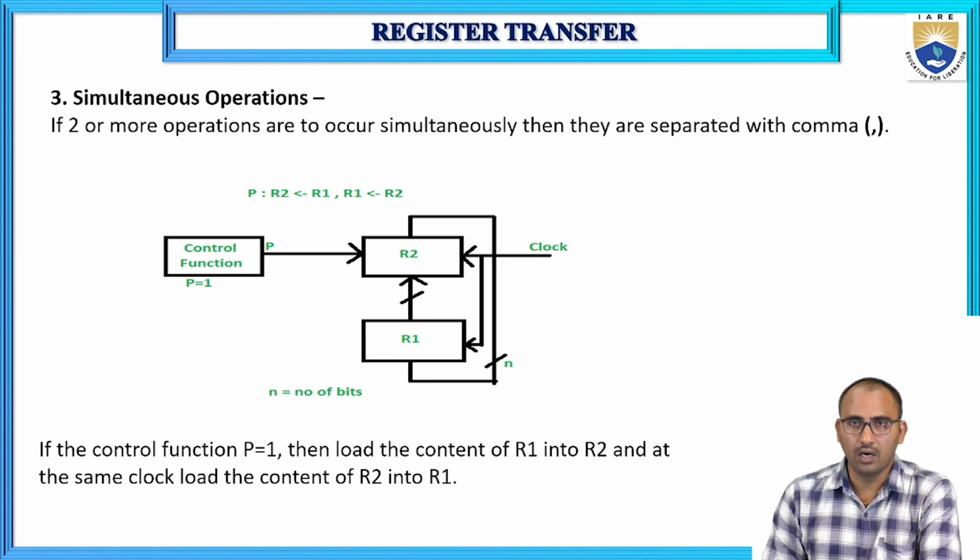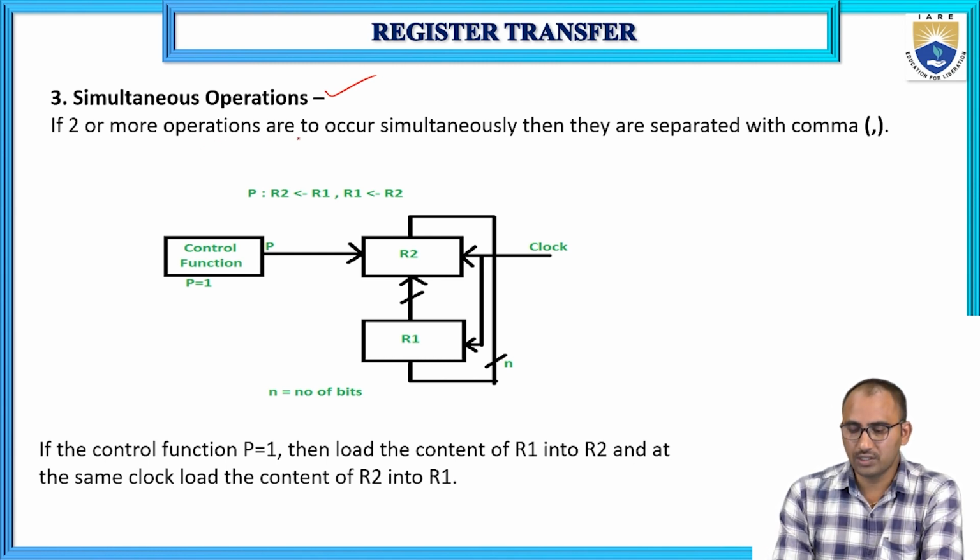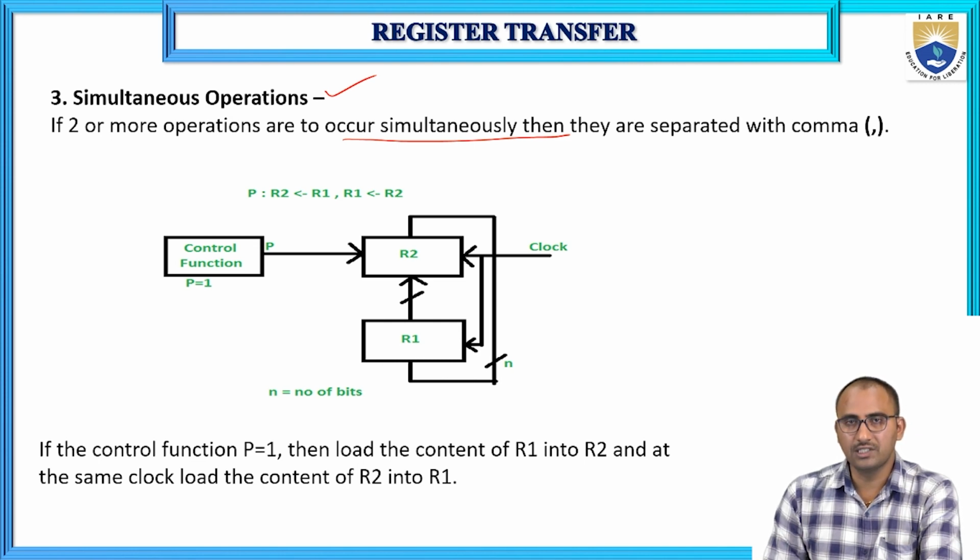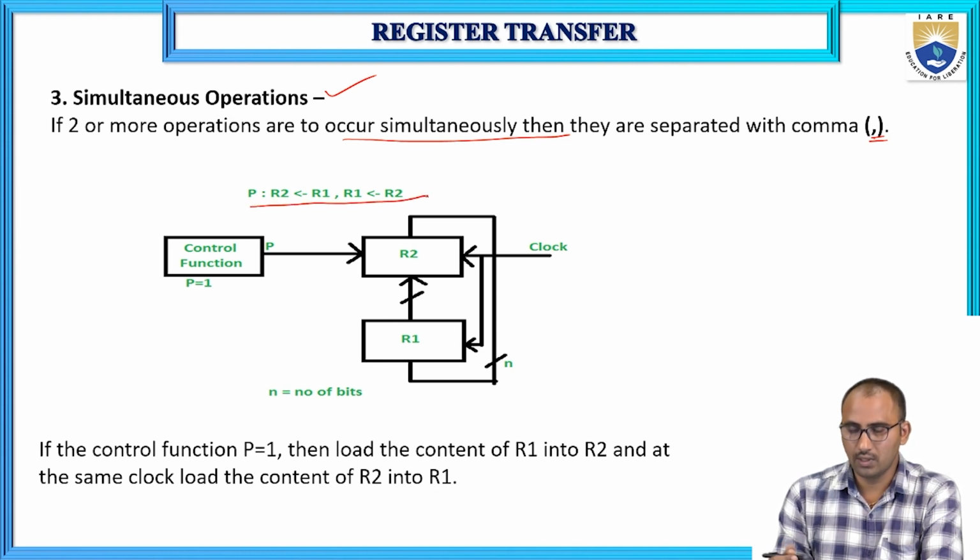And coming to the third register transfer operation, that is the simultaneous operation. If two or more operations are to occur simultaneously, then we can use simultaneous operations. These can be specified using a comma. Here you can see P colon R1 arrow R2, R2 arrow R1. The contents of R2 will be transferred to R1, and similarly the contents of R1 will be transferred to R2.